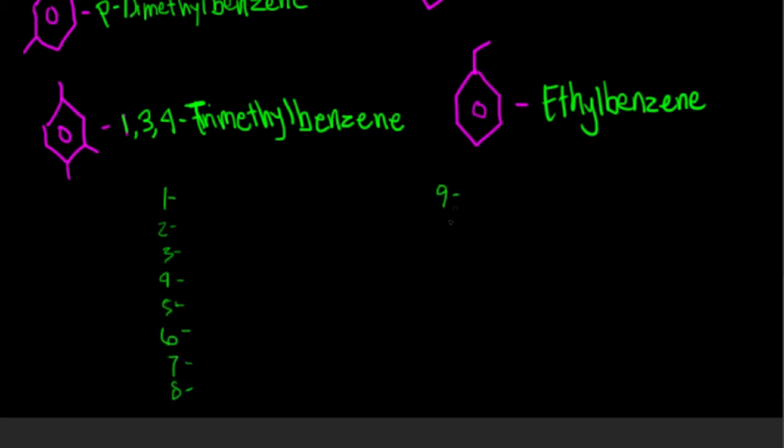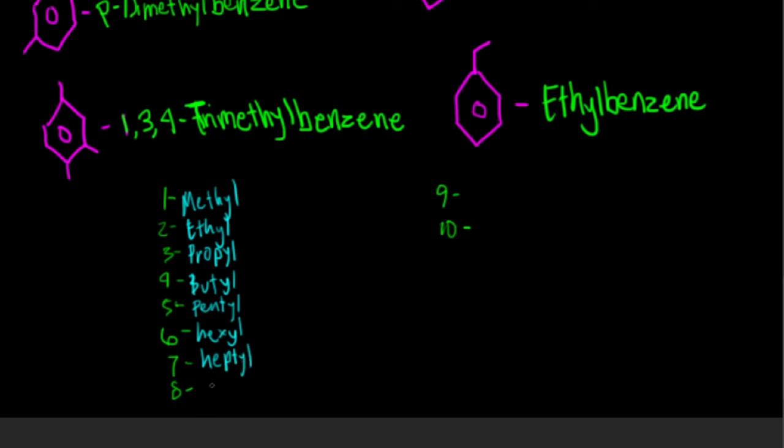If the substituent has only one carbon, you call it methyl, two ethyl, three propyl, four butyl, five pentyl, six hexyl, seven heptyl, eight octyl, nine nonyl, and ten decyl.